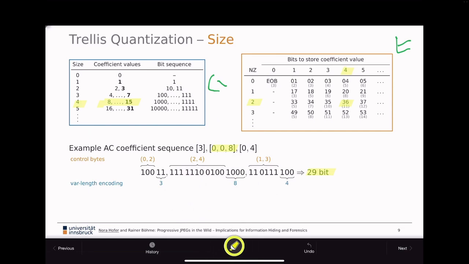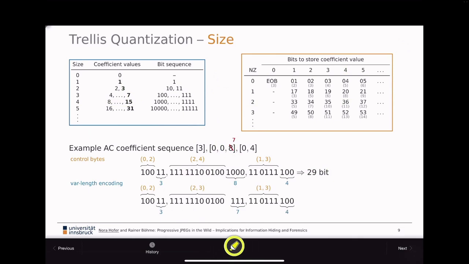So, for example, if we are looking at the 8 now, Trellis checks if it can encode it with 7, 3, and 1. It doesn't actually encode it with these, but it calculates the size that is needed if it would encode it with these candidate or alternative coefficient values.